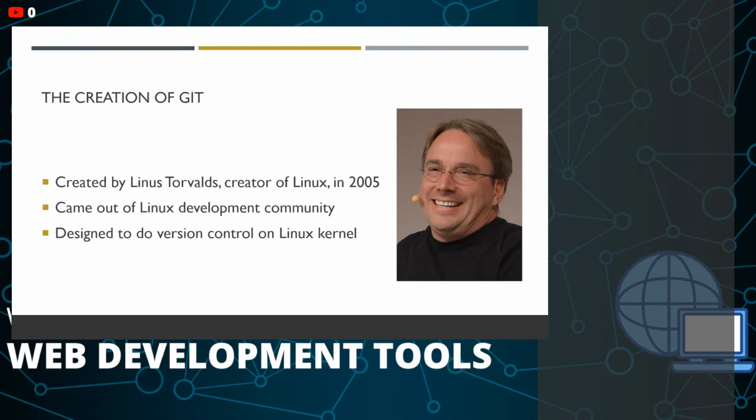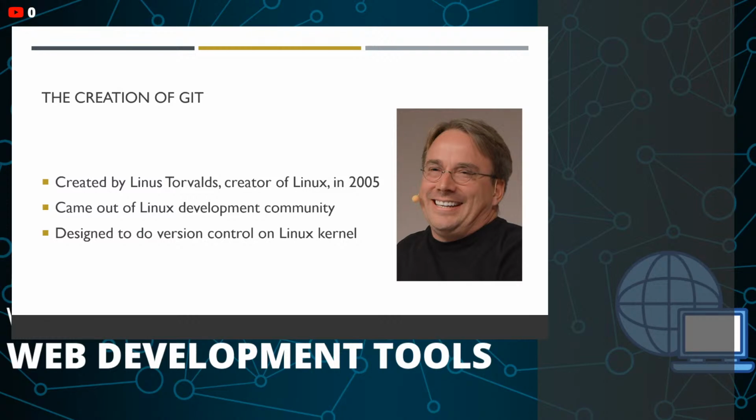Right, and so, Linux being a huge open source project, the Linux kernel in particular being an enormous open source project that tons of people are working on all the time, we had this need here for the ability for all these people to work.